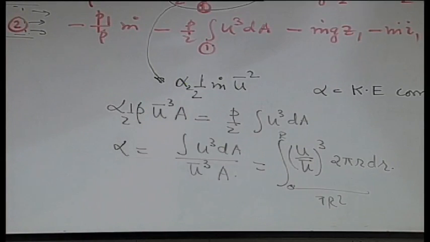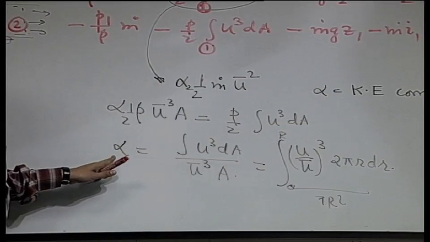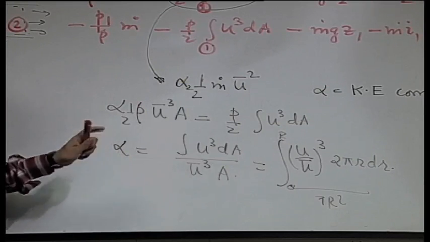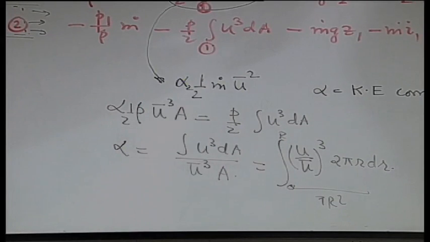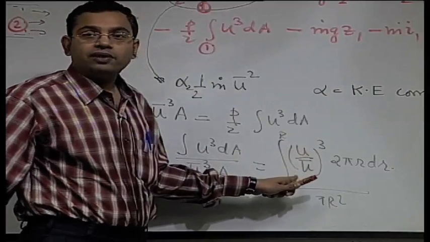Now can you tell whether it will be more for laminar flow or turbulent flow? Laminar flow. Why should it be more for laminar flow? It depends on u by u average.